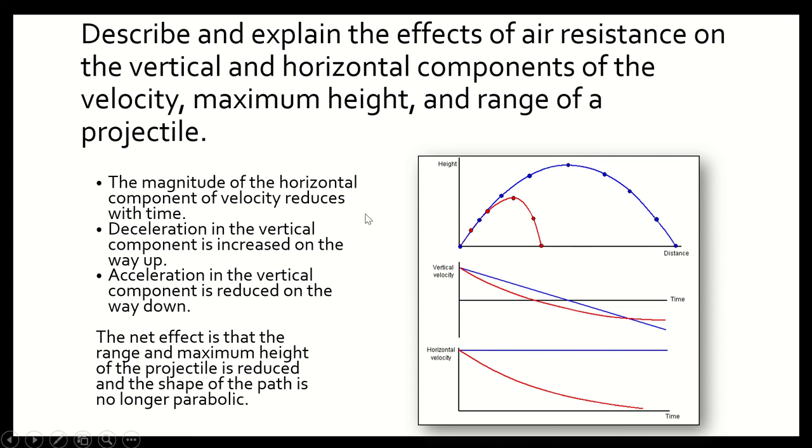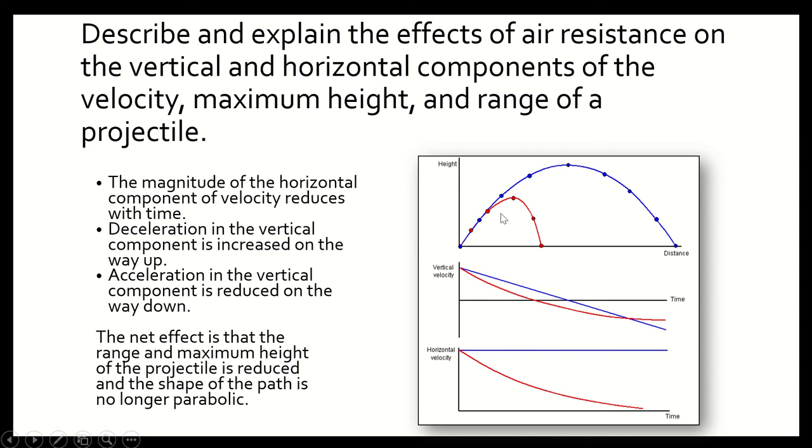So the horizontal component of velocity is going to be reducing constantly with time, as you can see here. In red, we have the horizontal component of velocity with air resistance or drag force. It's reducing over time, so it's going to have no horizontal component of velocity towards the end of its motion, or minimal. It's just going to keep reducing.